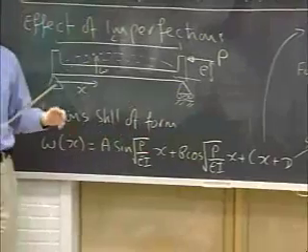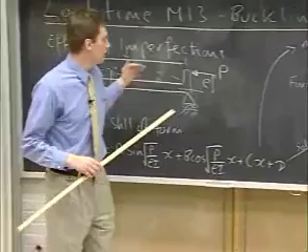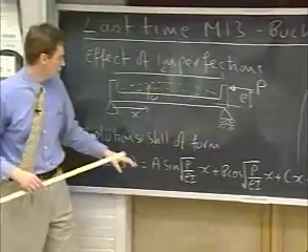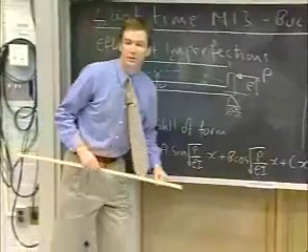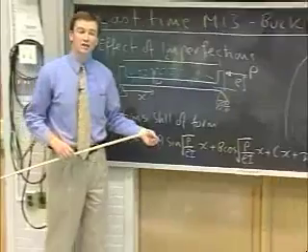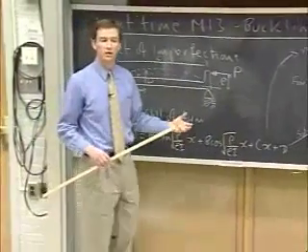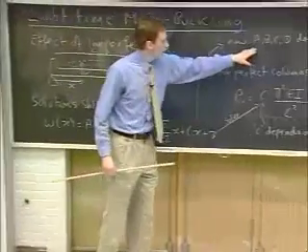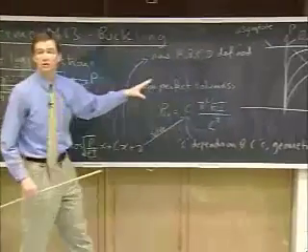But now, unlike the perfect case, these constants A, B, C, and D take on non-zero values according to whatever the boundary conditions are.